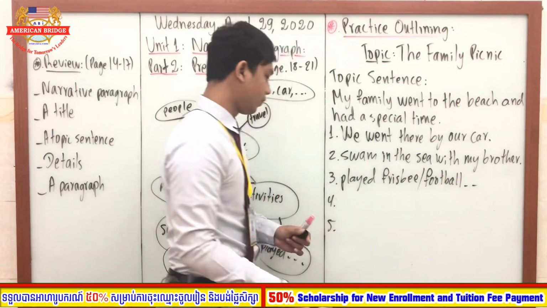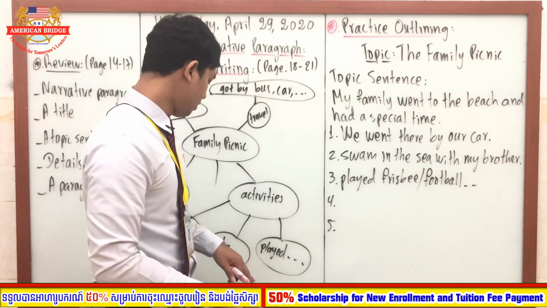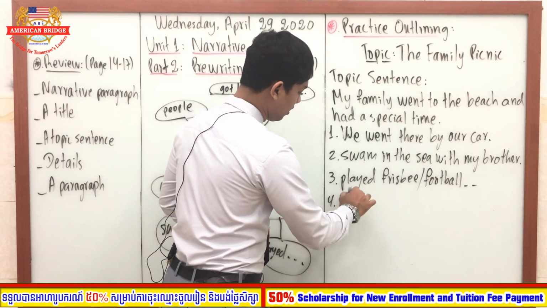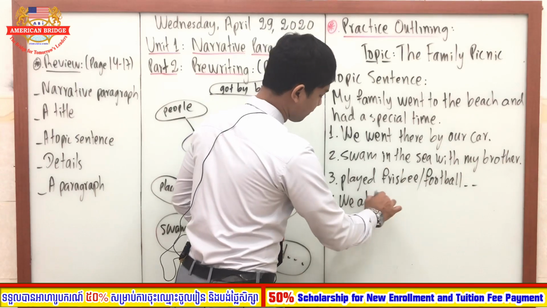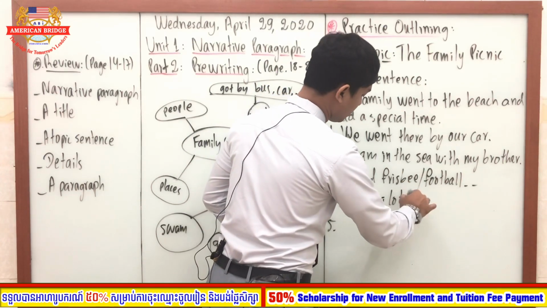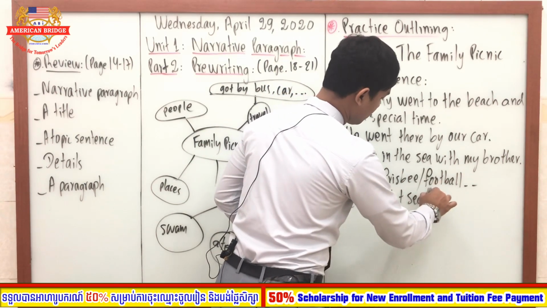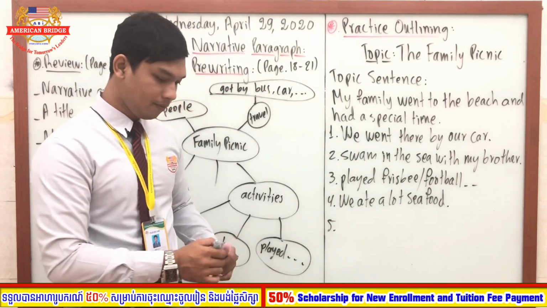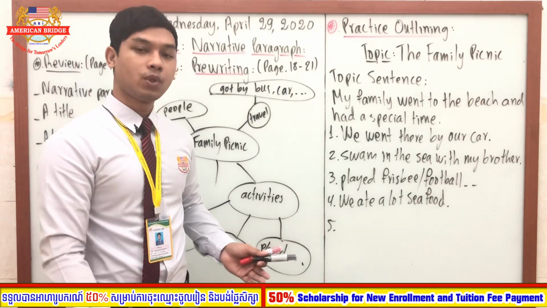And what else do you want to write? And number 4, you what? You eat. Okay. So you can say we ate a lot of seafood. And number 5, what else do you want to talk about?